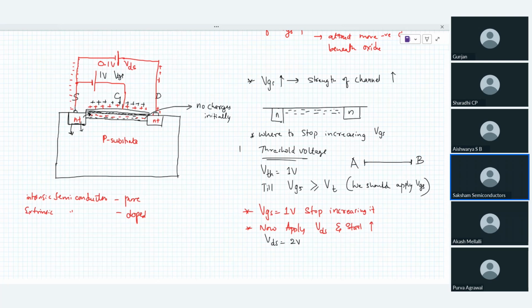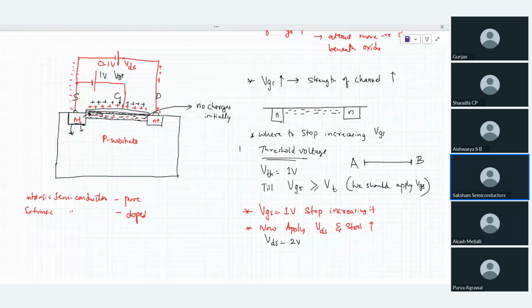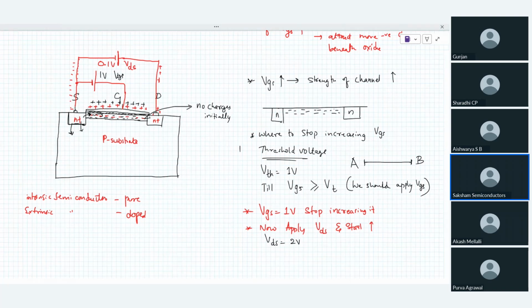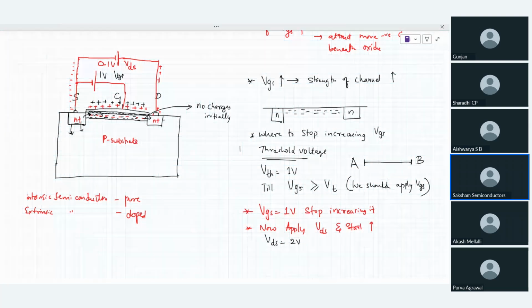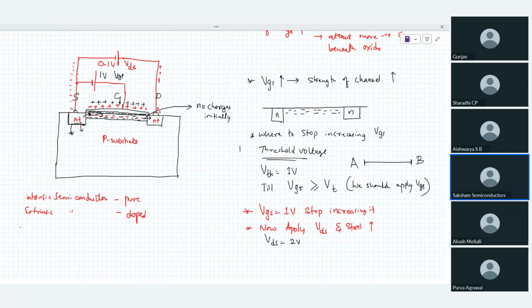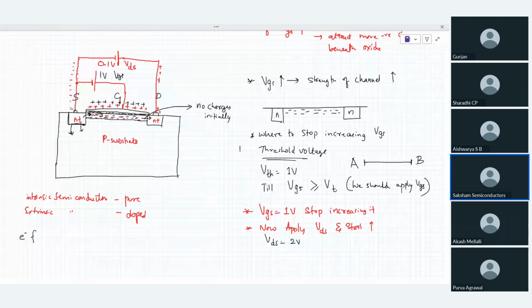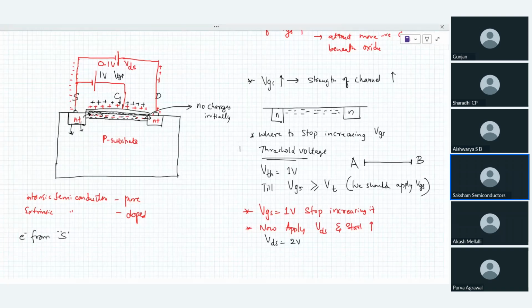That means the electron which has jumped over here gets repelled and moves over here, gets repelled again, and finally it just reaches the drain region. That means now electrons from source to drain have traveled.